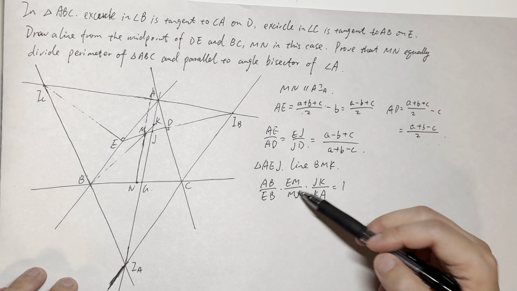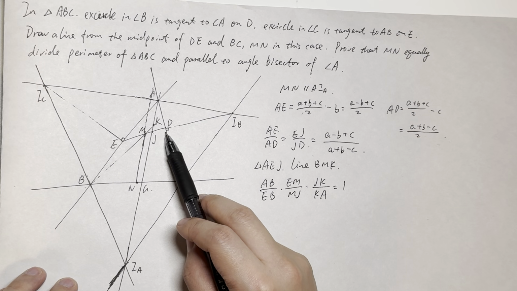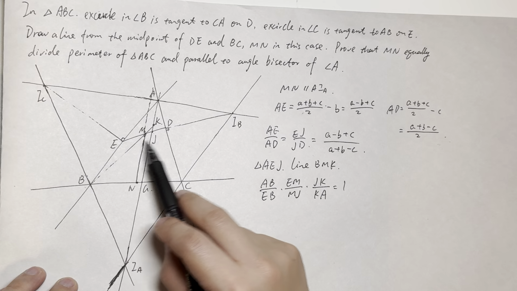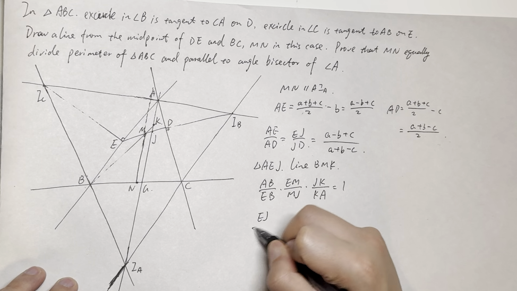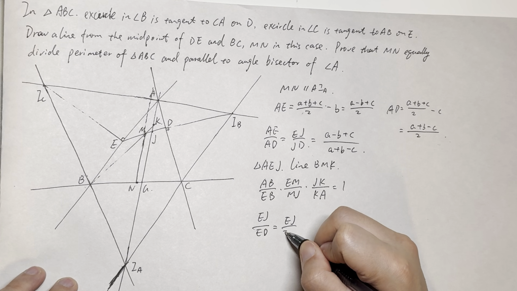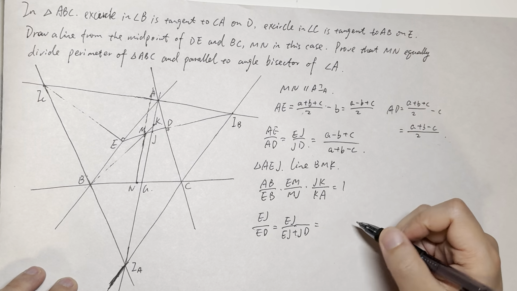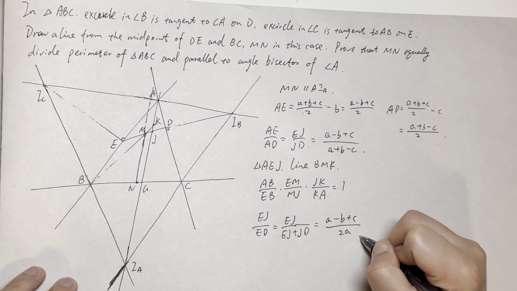So what is EM to MJ? We already know EJ to JD, right? So based on this, we can calculate EJ to ED. So EJ to ED equals EJ to EJ plus JD, which equals A minus B plus C to 2A.